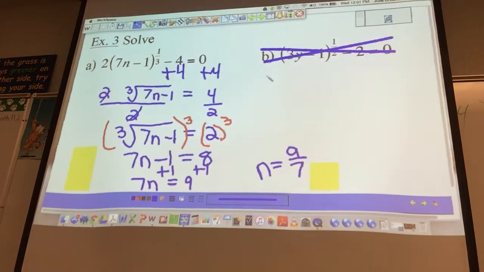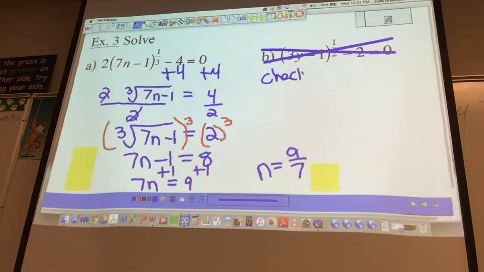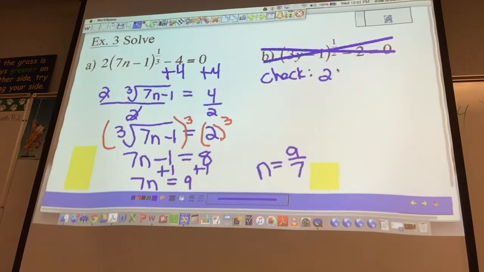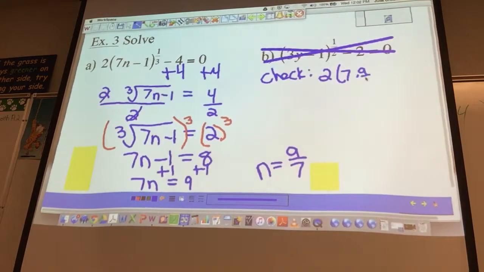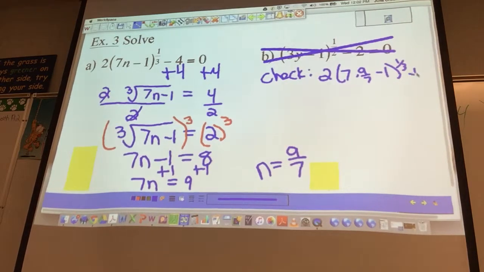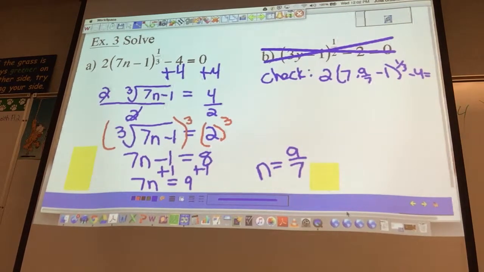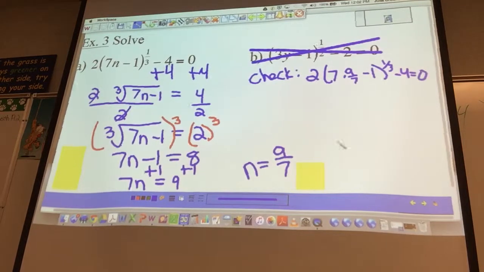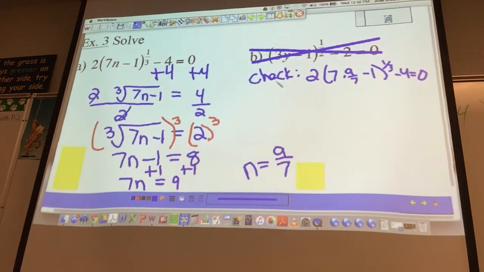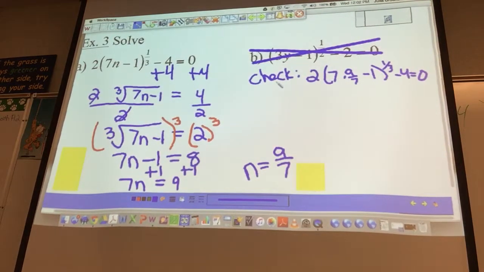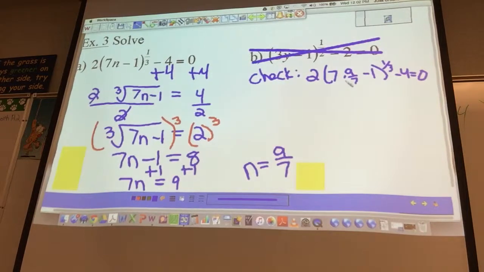Now it may be extraneous, so we have to check it. 2 times 7 times n, but n is 9 over 7, minus 1 to the 1/3 minus 4 has to equal 0. All I did was take my n equals 9/7 and plugged it in. Parentheses first. Inside the parentheses, 7 times 9 over 7.